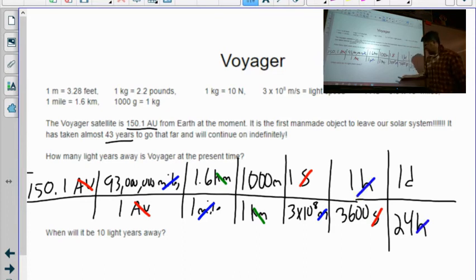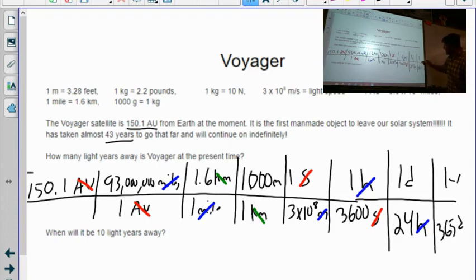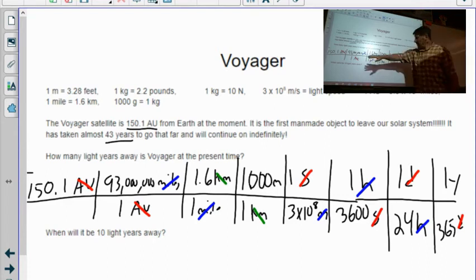Hours will cancel out. Then 365 days per 1 year. Days cancel out. My ending here is years. That's light years. So I multiply all that together and divide by all that.